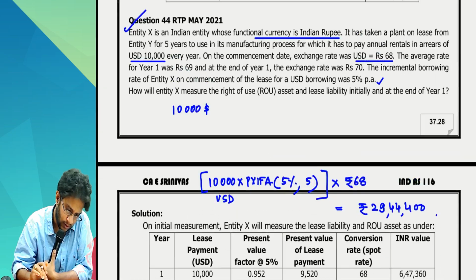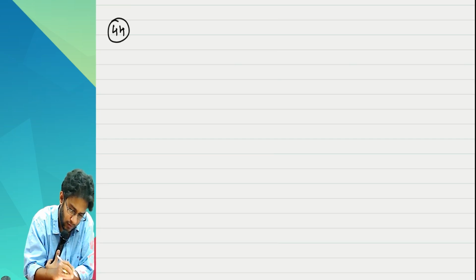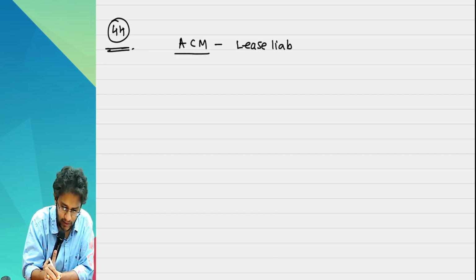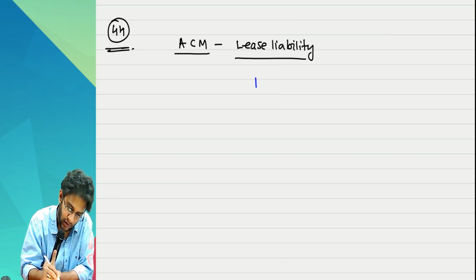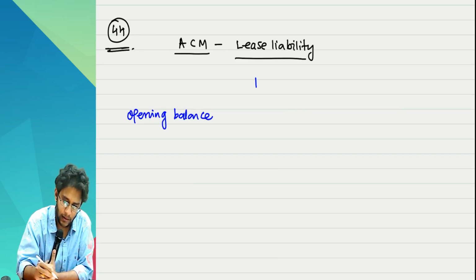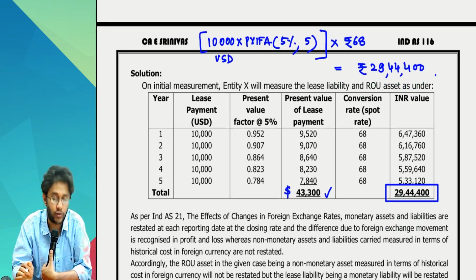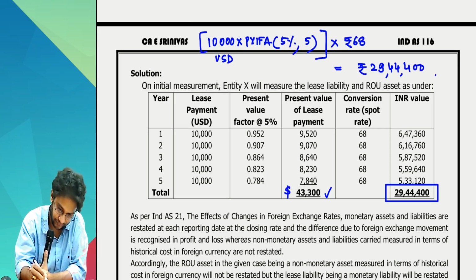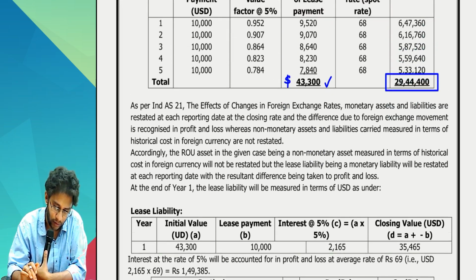So when you apply ACM now for lease liability, first year, opening balance. The only mistake you should not make here is that when you prepare the ACM table, that ACM table should be in foreign currency, not in your functional currency. That's the only mistake you should try to avoid. Rest all is okay.